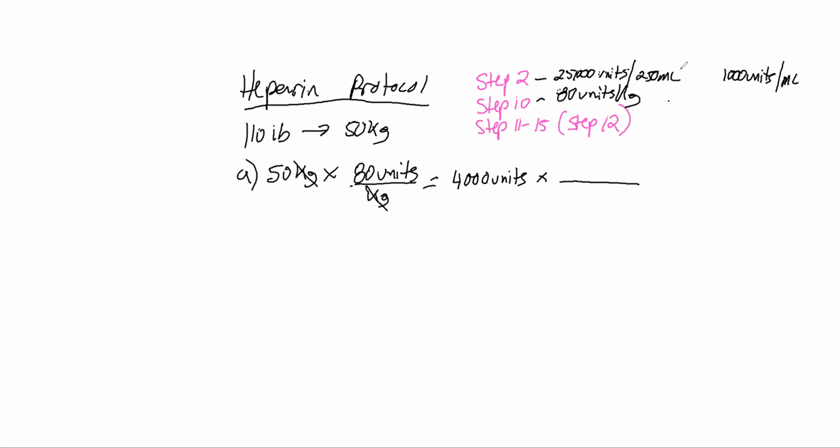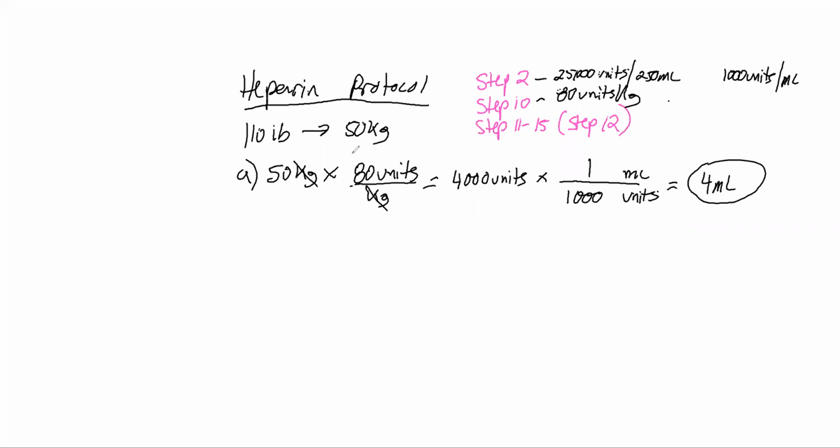So the 25,000 per 250 mL is the IV, and the 1,000 units per mL is the bolus. Since we're calculating a bolus, that's the information I use. Every milliliter is 1,000 units, and I get 4 milliliters as my answer for the initial bolus dose of heparin.